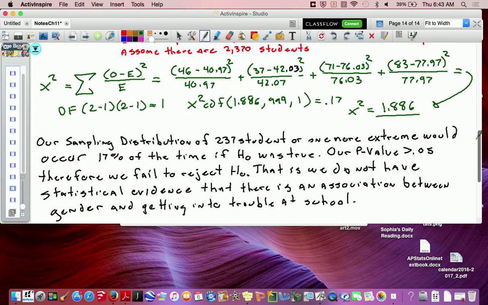Okay? So because that is still greater than 5%, we do fail to reject our null hypothesis, meaning we do not have statistical evidence that there is an association between gender and getting into trouble at school. So even though more boys were getting into trouble than girls, it was not statistically significant in this particular case.